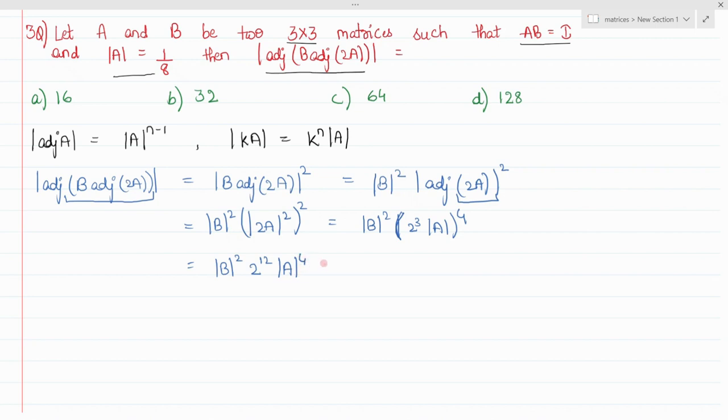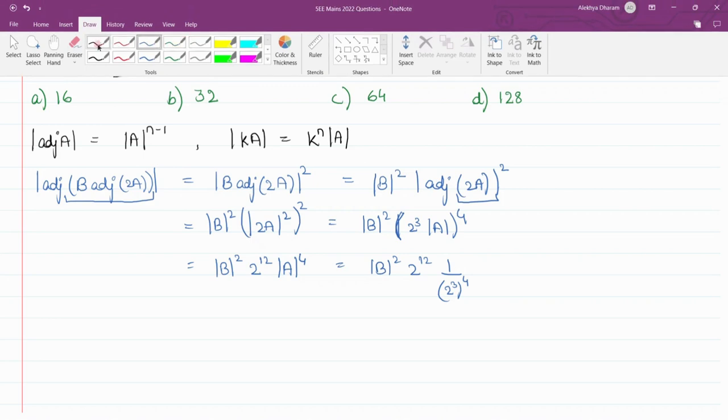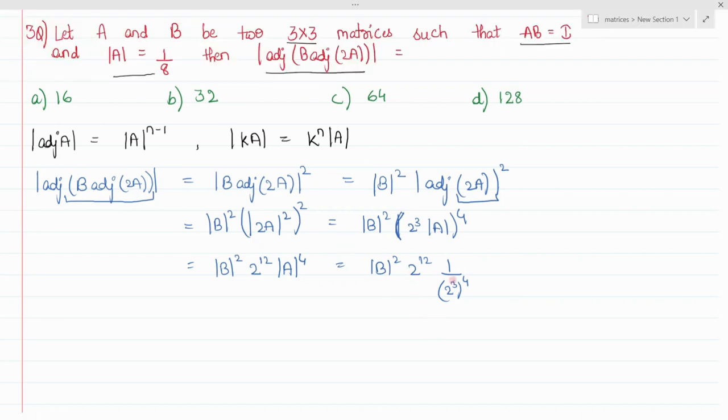We know the determinant of A value, which is given in the question, that is 1 by 8, nothing but 2 to the power minus 3. We can just cancel this, and what is left over is determinant of B square.